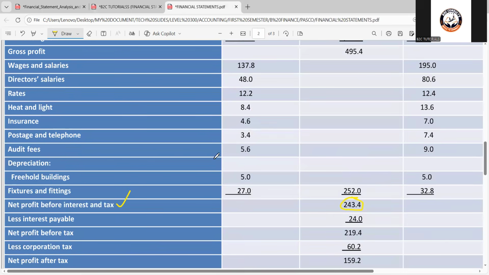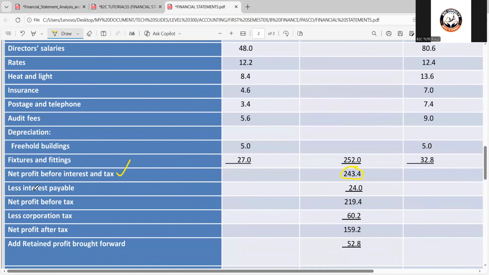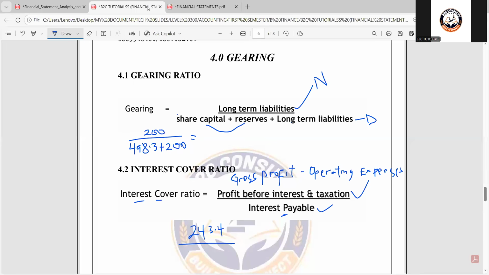What is the interest according to the question? You see interest payable, and the interest payable is 24. So 243.4 divided by 24 gives the number of times the profit you have made can be used to offset the interest you are supposed to pay. Now, that would explain gearing ratio.